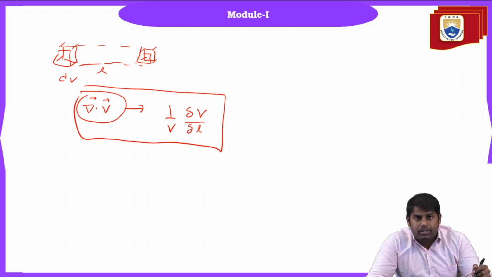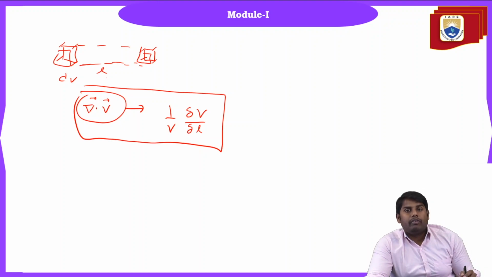So the divergence will give the information of the flow, whether it is getting compressed and how the control volume will behave. So whether it is compressing, or let's say it is expanding. When it is expanding, what happens?